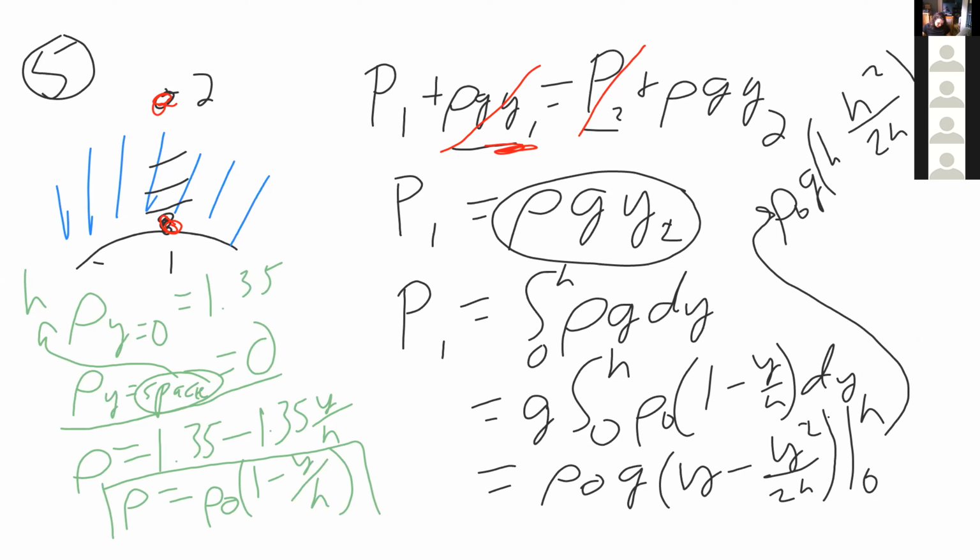Again, that's a minus sign right there. So I've just evaluated my limits. Notice that I have an h squared on h. That'll simplify a little bit. Now I have h minus h on 2. What does that give me? That just gives me an h on 2. And so this will give me rho naught g h over 2.